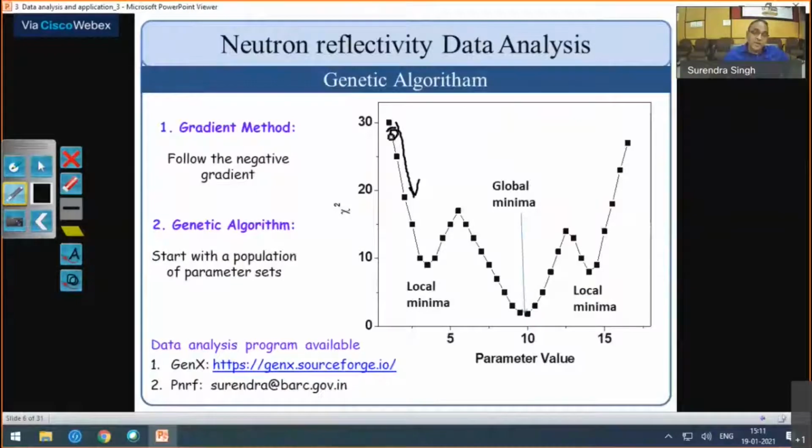If you take an initial value in this region, then during your iteration you will follow this path for chi-square. So sometimes it is very difficult to avoid these local minima, and you may not reach the global minimum, which is the best parameter you want to achieve. So there are other methods to do this. One of them is to do this chi-square.